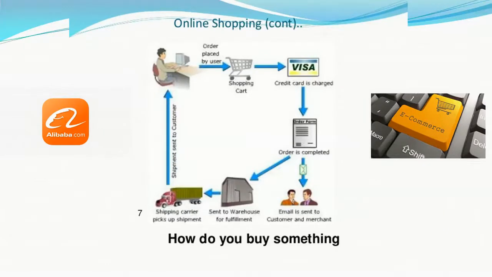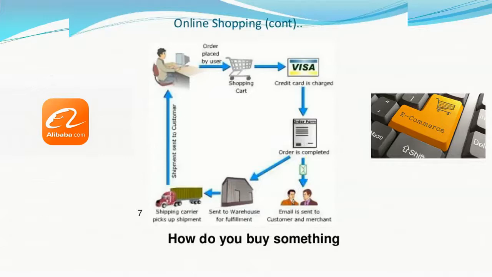Now, the process of online shopping, how it occurs, is depicted in this picture. You can see over there. First of all, the customer places the order. It's placed in the cart, shopping cart, e-cart. You pay using your credit card. Then the order is completed.